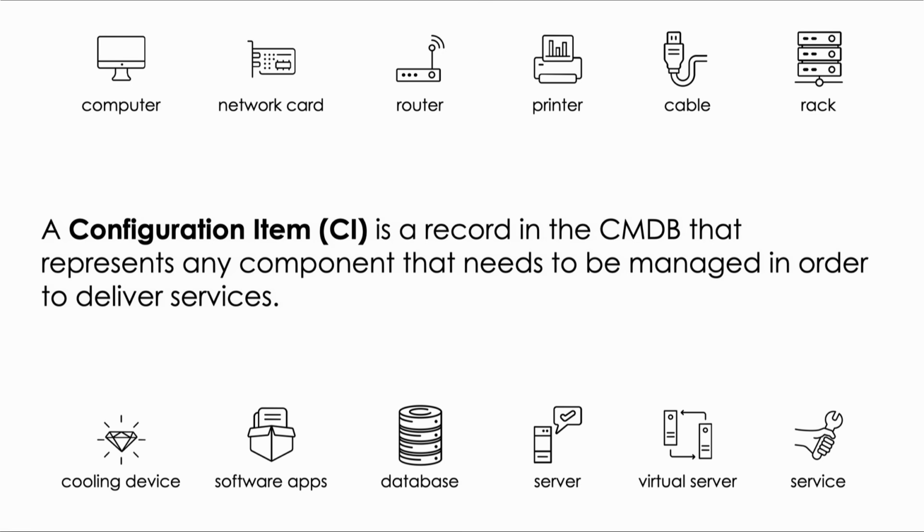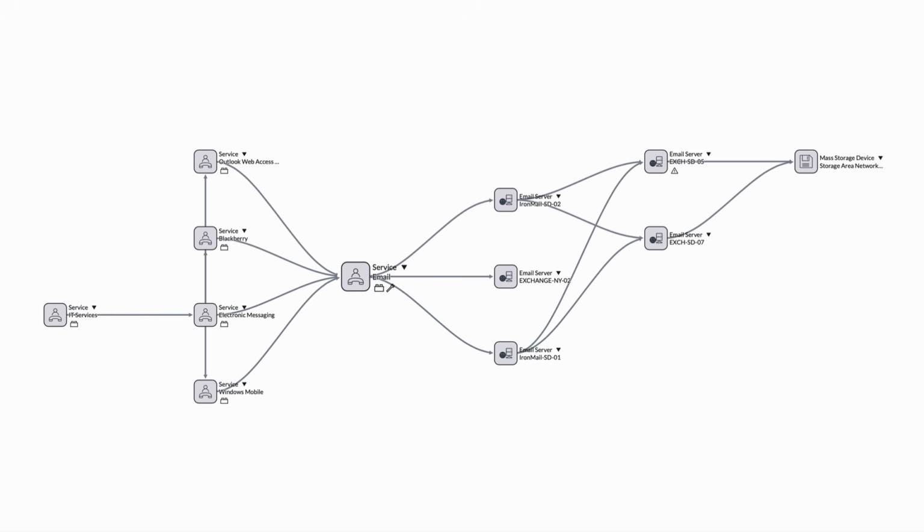If you put this all together, it becomes possible to create a picture of how IT infrastructure is configured and connected to provide services. That makes it possible to quickly diagnose problems, predict potential issues, and understand the impact of making changes in the future. And that's really important stuff for effective IT operations and service management.